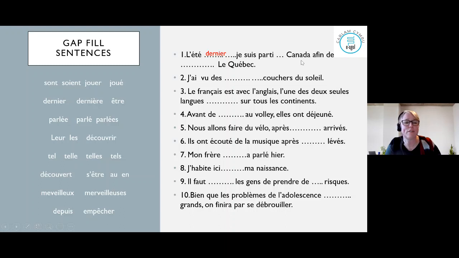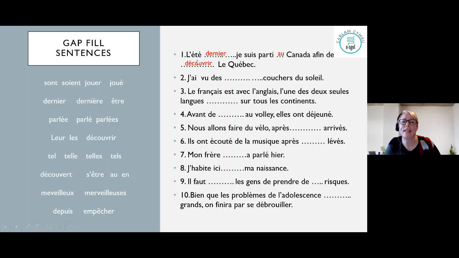And a lot of countries are feminine, aren't they? But Canada is a masculine one. So we need the gap, au Canada. And then in order to, afin de, this construction here, after this, you're going to need an infinitive. So afin de découvrir le Québec. So discover. So does it read correctly once you've got these words?